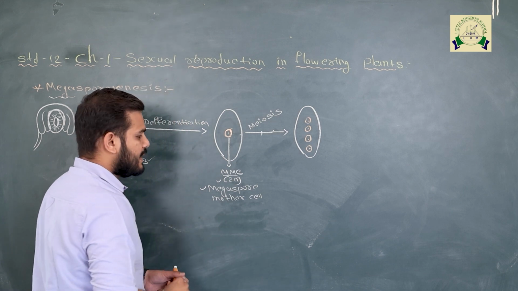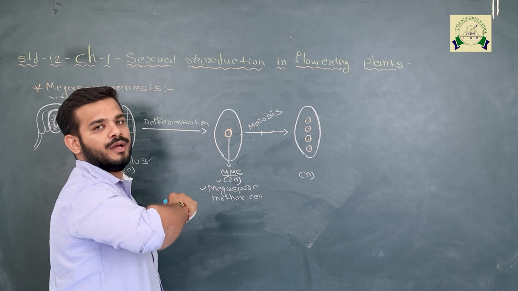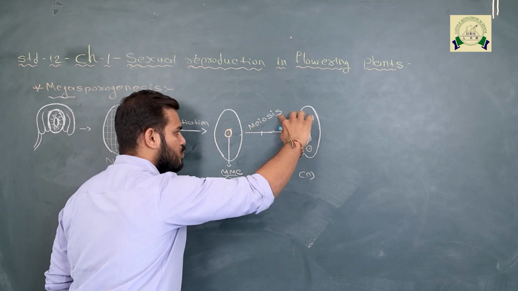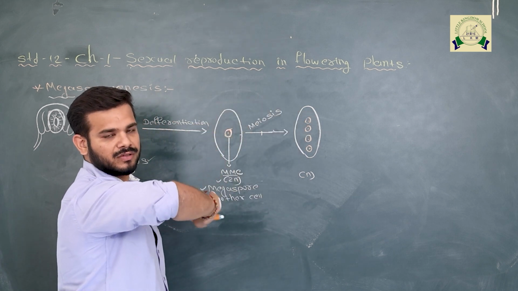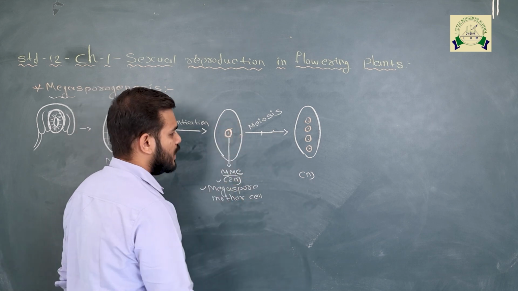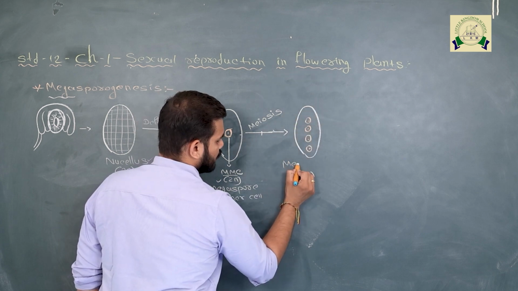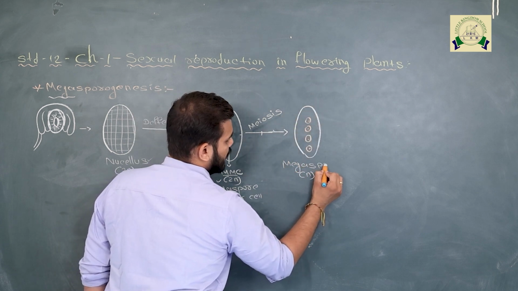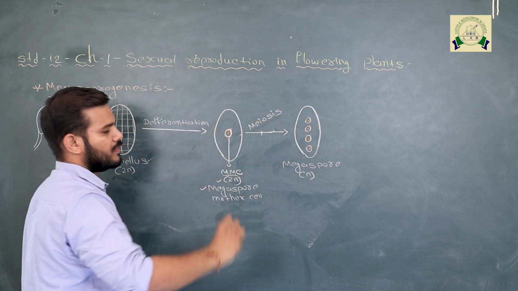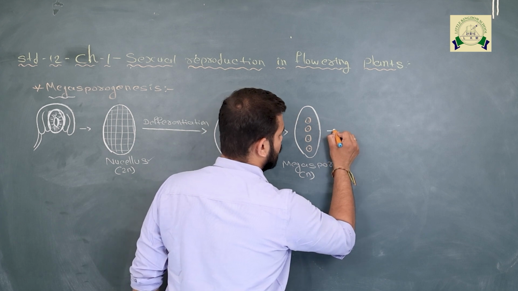Clear? And each and every cell is haploid because they are produced through meiosis, and meiosis always results in half the number of chromosomes, and these all 4 cells are now known as megaspores. Clear?